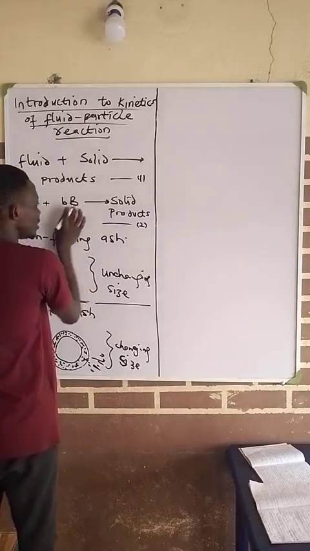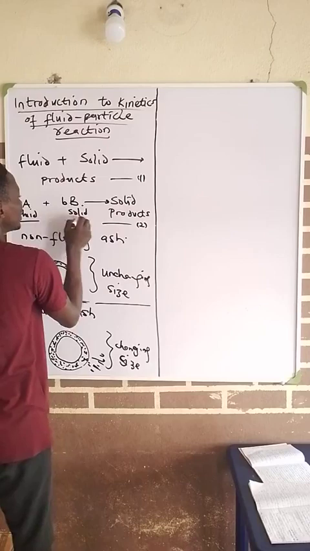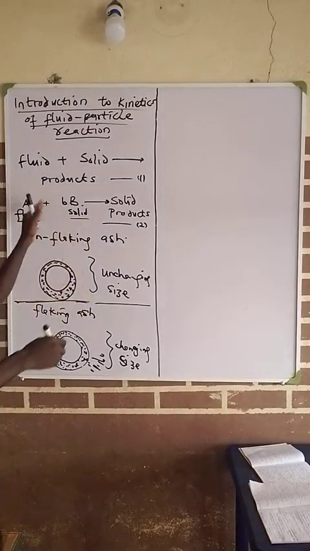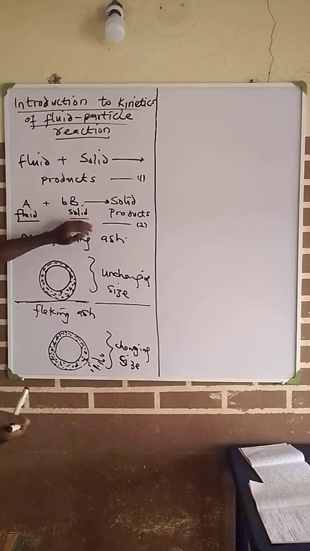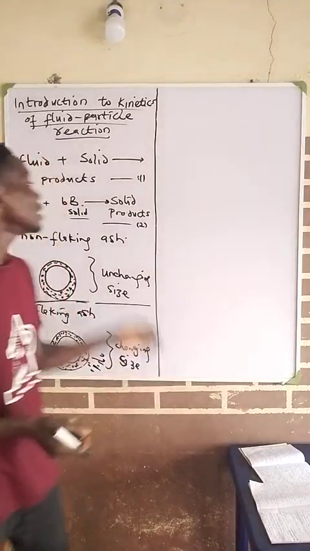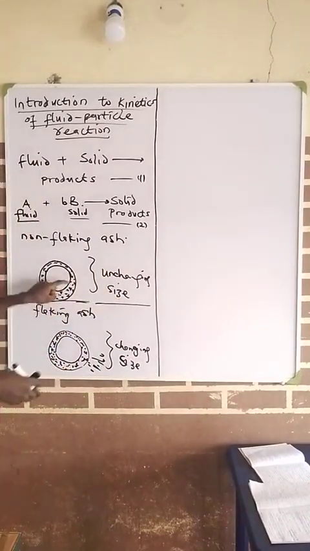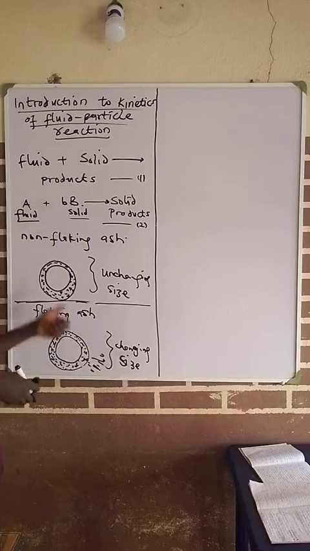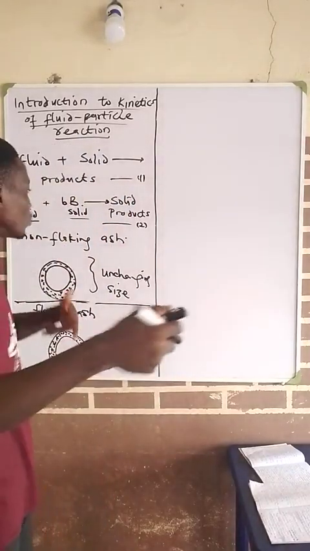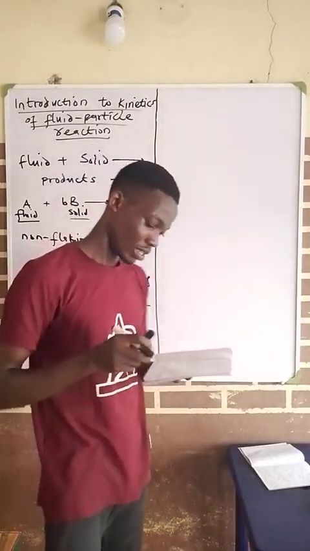This capital B is the solid, and the small b is the mole of the capital B. In as much as we are considering fluid reacting with some mole of solid to give us solid products, these solid products can either be of unchanging size when the impurities are in the form of non-flaking ash, or changing size when the impurities are flaking ash. Gotten? If you have any question, you can drop it in the comment section.